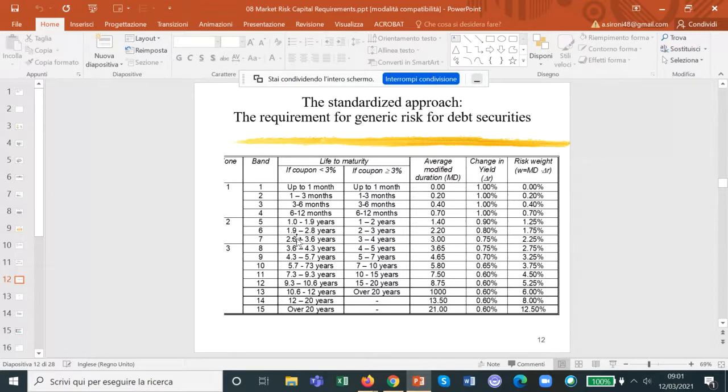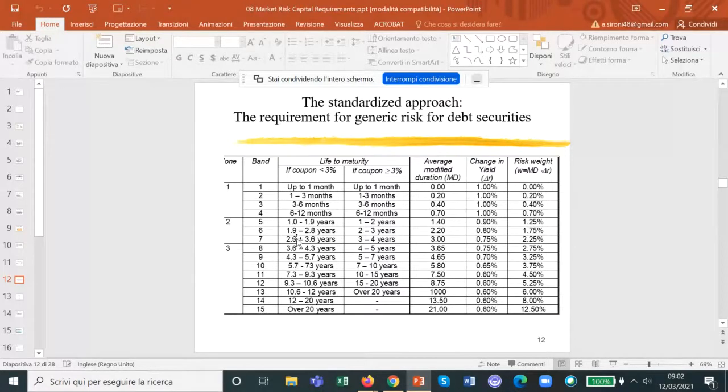And then there is a complex system of, let's say, you can't actually compensate long and short positions for each maturity bucket. As you can see, the different positions are included in 15 time bands, and those 15 time bands in turn are divided in 3 zones, different maturity zones.